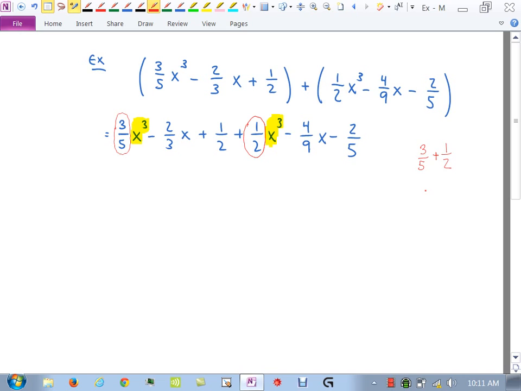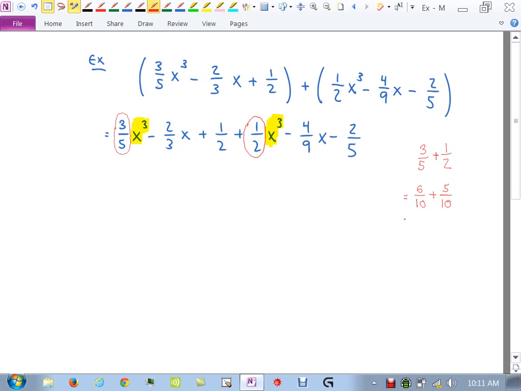So what we do is we try and figure out how we can turn the 5 into a 10. How can we turn 5 into 10? Multiply by 2, right? So we multiply top and bottom here by 2. What do we get? 6 over 10. Plus, now on the 1/2, I have to turn the bottom into 10, so I multiply it by 5. So I have to do the top by 5 and the bottom by 5. So 1 times 5 would be 5, or 5/10.